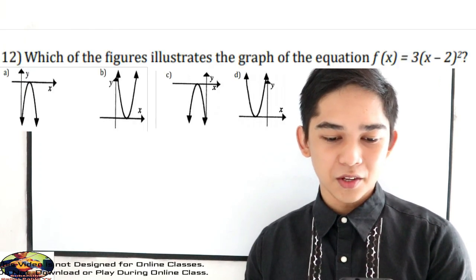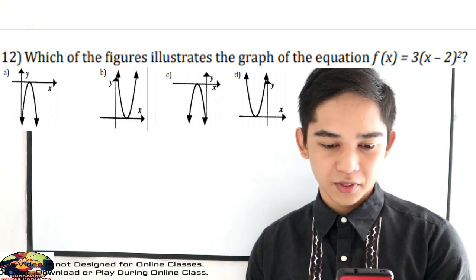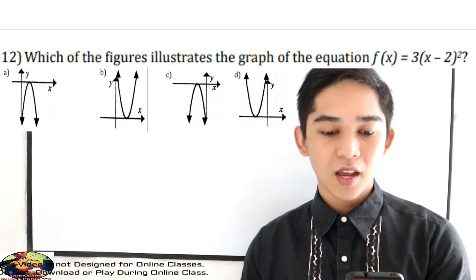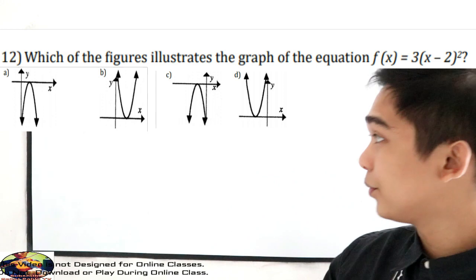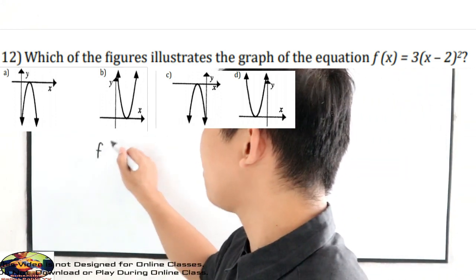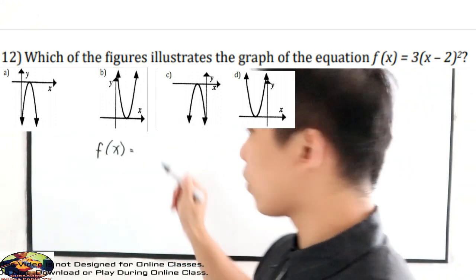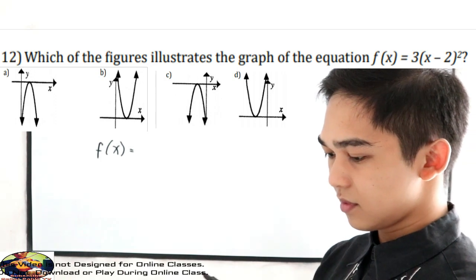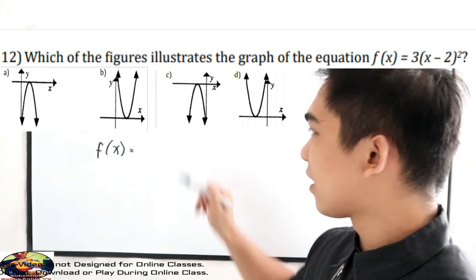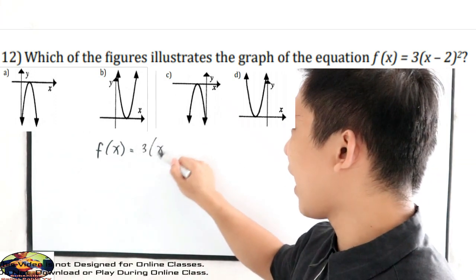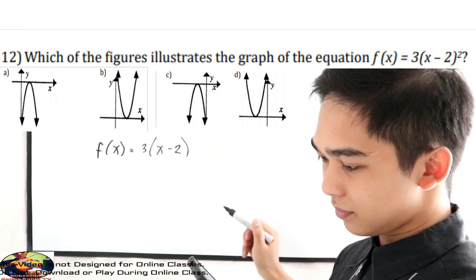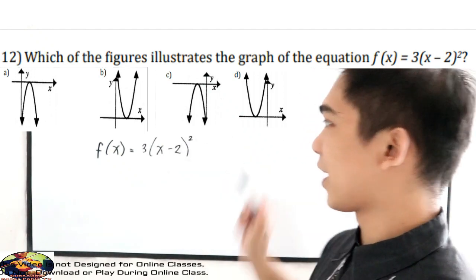The question is, which of the figures illustrate the graph of the equation f of x is equal to 3 times (x minus 2) squared. Okay.